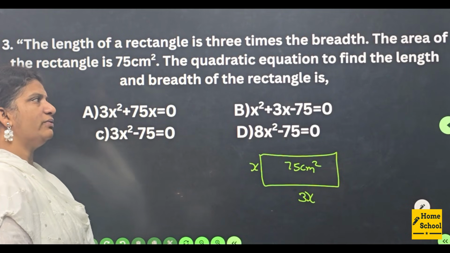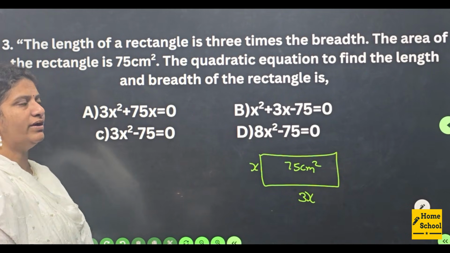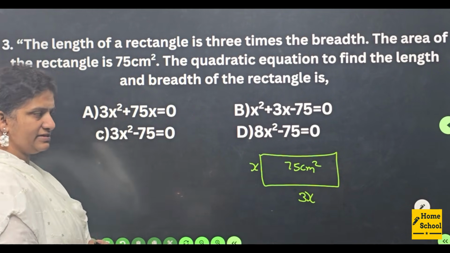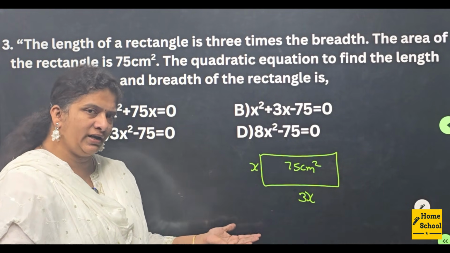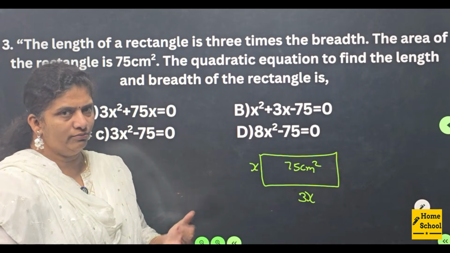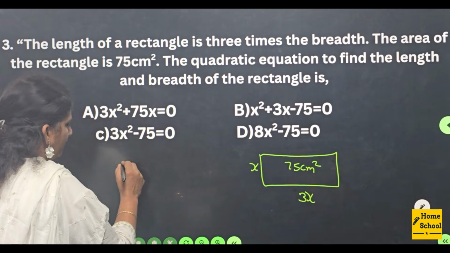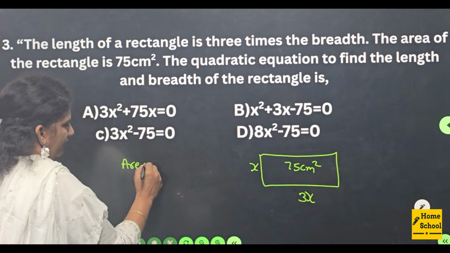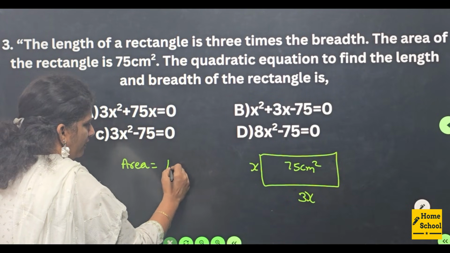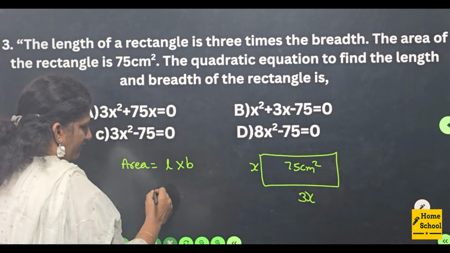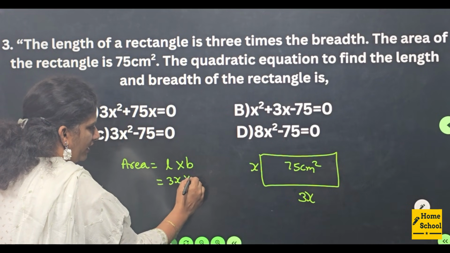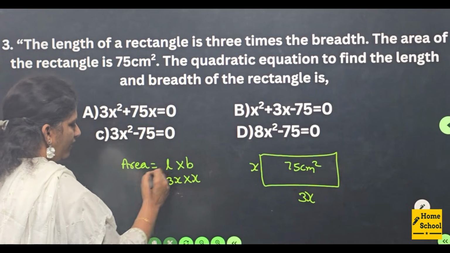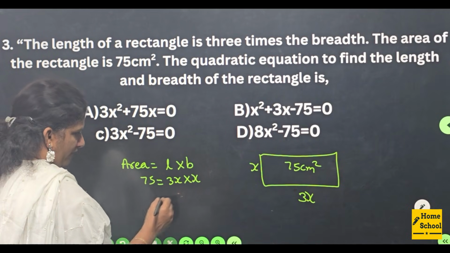The quadratic equation to find the length and breadth of the rectangle is. We know the area of a rectangle formula is length into breadth. What is length here? 3x into breadth is x. Area is already given, it is 75.